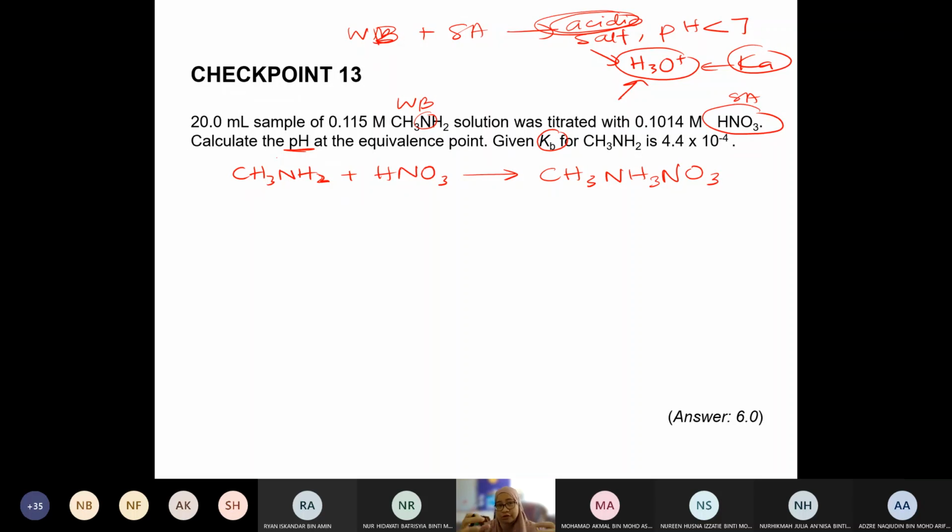We don't use concentration because concentration changes, as it is subject to volume. When the volume changes, of course the concentration will change, because molarity is equal to mole over volume.